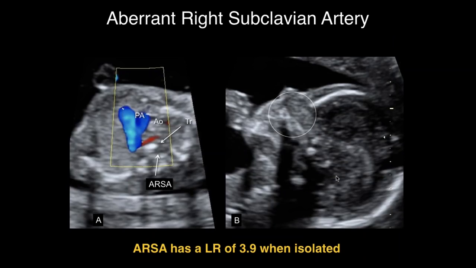If the patient is really low risk as part of her Down syndrome screen, especially if she had cell-free DNA and those results are normal, then we move on. If the patient is moderate or high risk, then we counsel her about this finding, and the options for invasive diagnostic testing are then discussed.